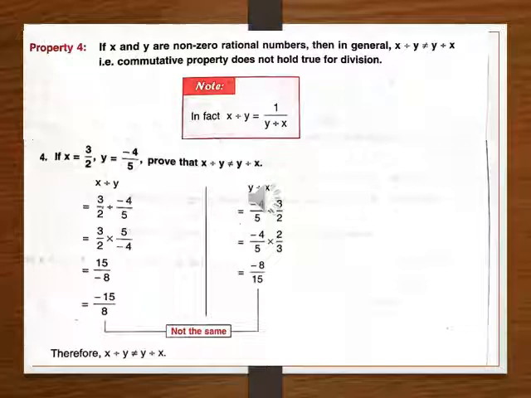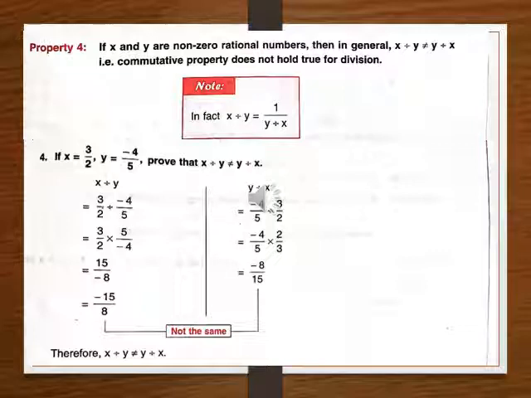When we multiply two numbers we can change the order, that is the commutative property. When you add two numbers, 3 plus 4 and 4 plus 3, the answer is the same. So this is the commutative property, but it is not true for subtraction and division.